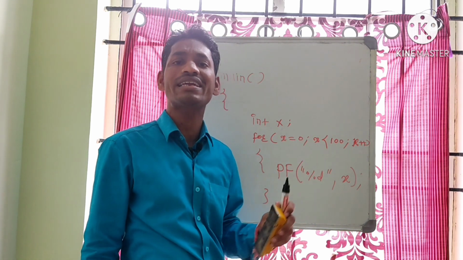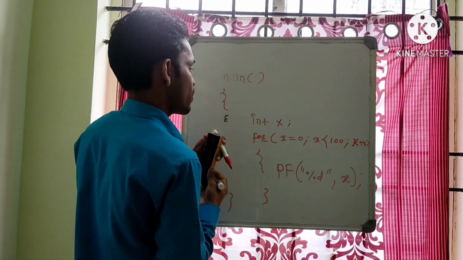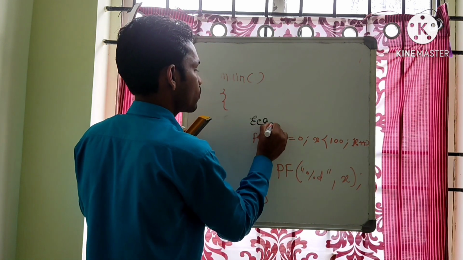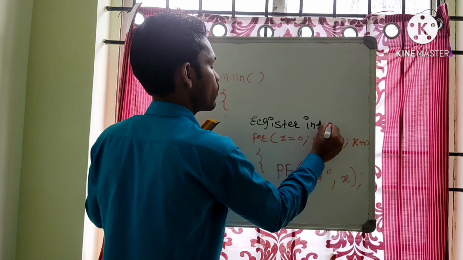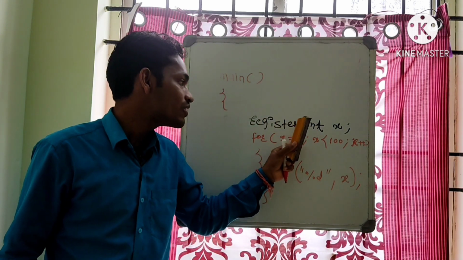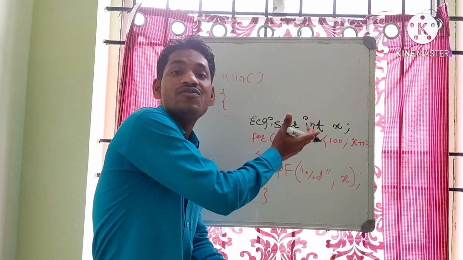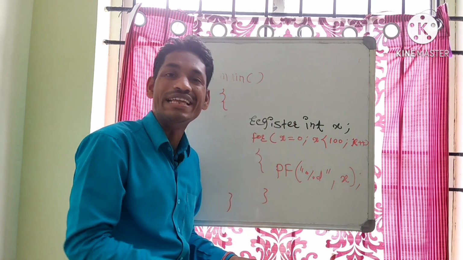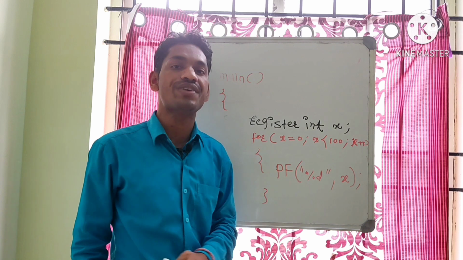So instead of simply writing int x, I will use register int x. This time the compiler will check that I am using it 100 times, so the compiler may allocate this variable inside the CPU register. That's why the execution speed of this program will increase. In such a case we should go for a register variable.